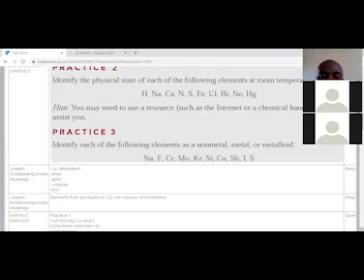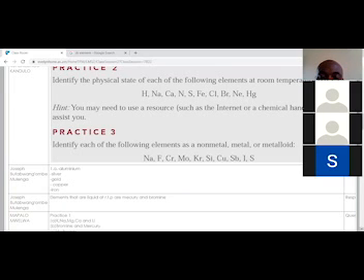So those that easily accept electrons, especially the non-metals, are very electronegative. Anything that easily accepts bonding electrons is termed electronegative.